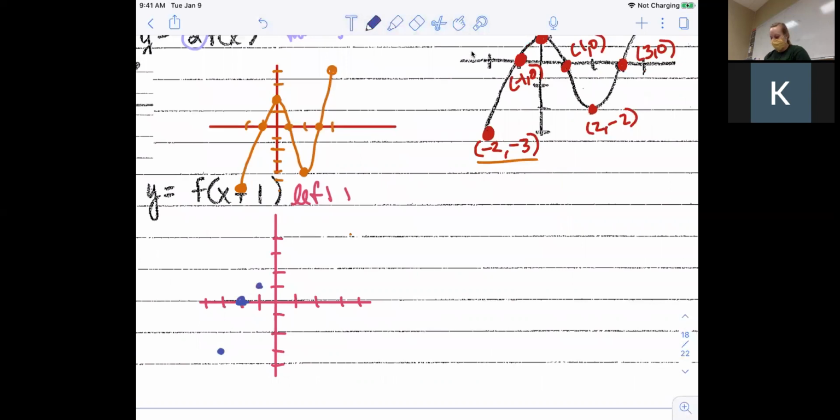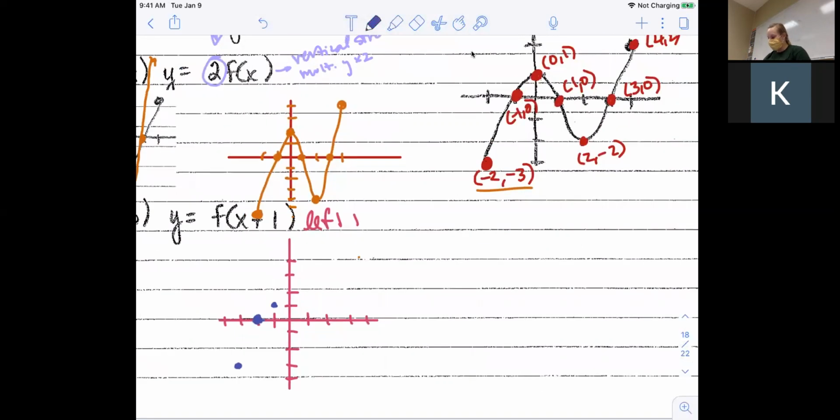Talk? Okay, so I minus 1 from my -2 to get -3. So my first point was at -3, -3. My second point's at negative 1, 0, so I moved that to the left one, so now I'm at negative 2, 0.